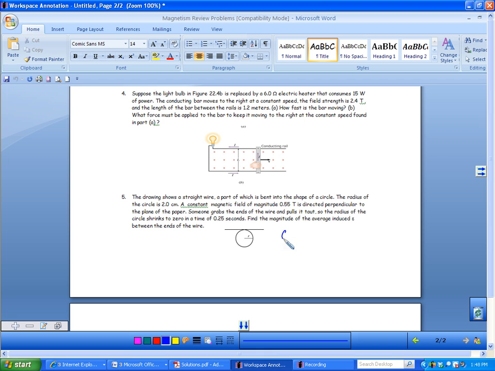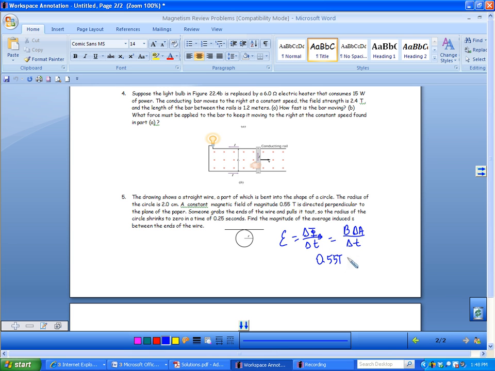Okay, so I'm looking at a change in flux over a change in time. So a change in flux is going to be B delta A over delta t, because they're really just changing the area as they pull the wire taut. So I said, well, B is given to me as 0.55 Tesla.